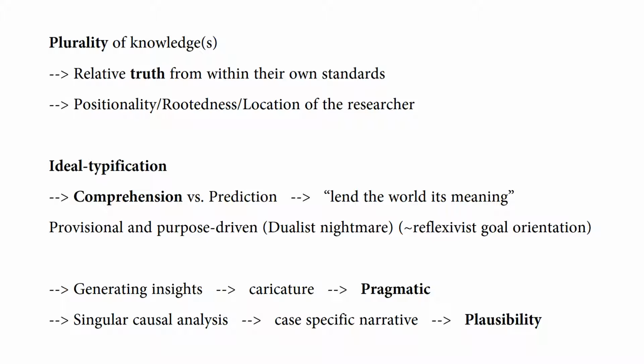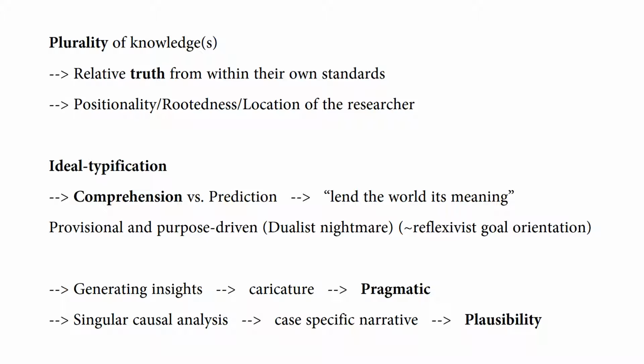So what we end up with is the analyticist methodology of ideal typification, which is the way that analyticists go about producing these practical and useful insights. Ideal types are always about, as Max Weber would say, lending the world its meaning.